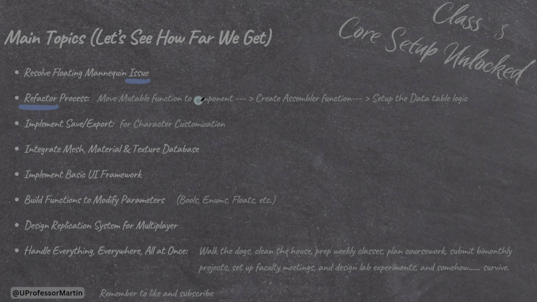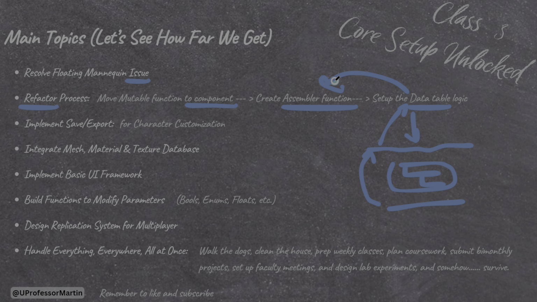We will move those to the character creation component, but before that we need to create the assembler function, and before that we should add the data table logic, and before that we should add the primary data table object, and before that we need to add some structs with some variables we need to create and some enums to create the primary data assets, to create the data table, to create the assembler function in the correct way.